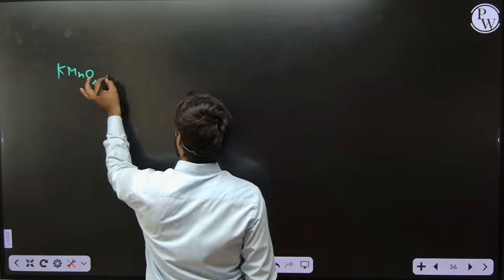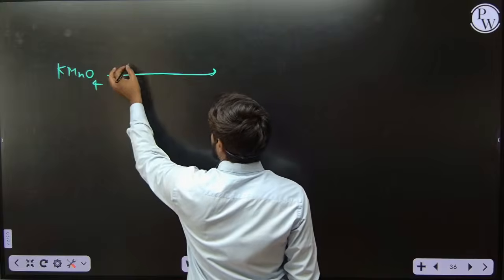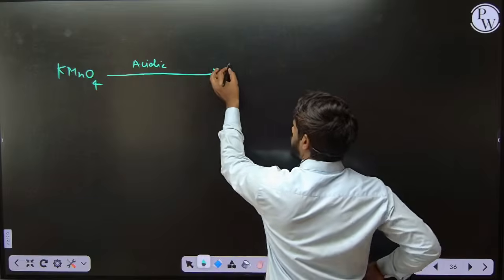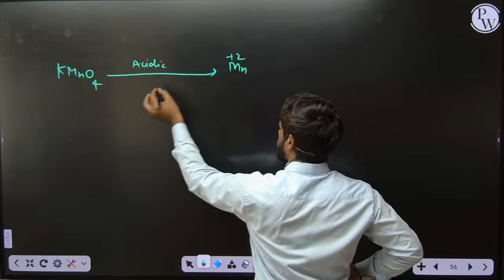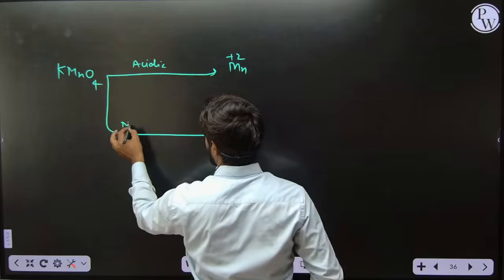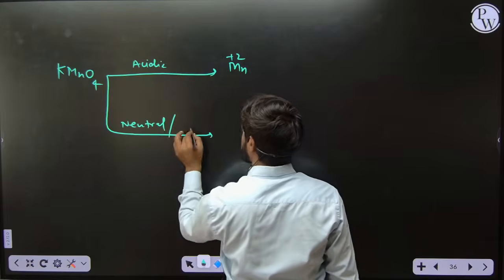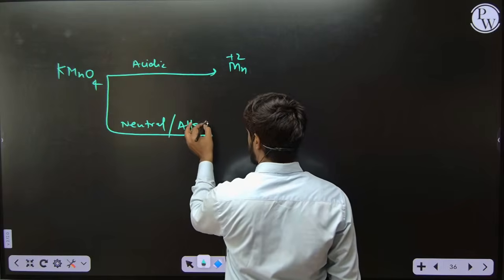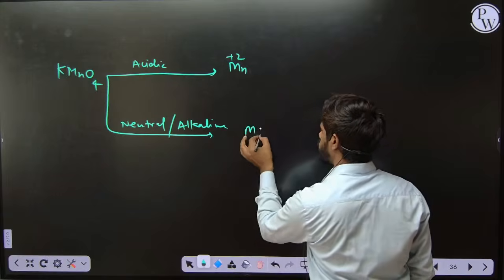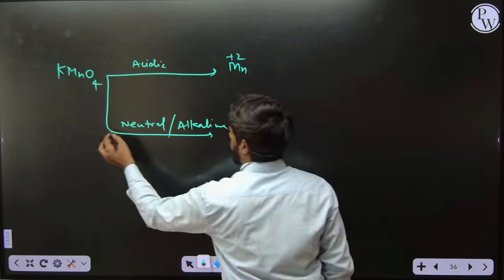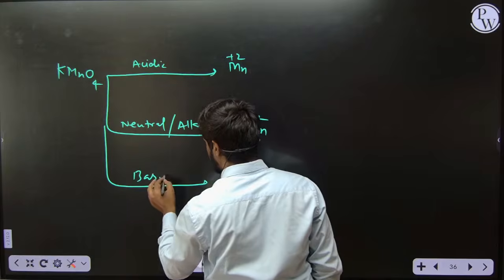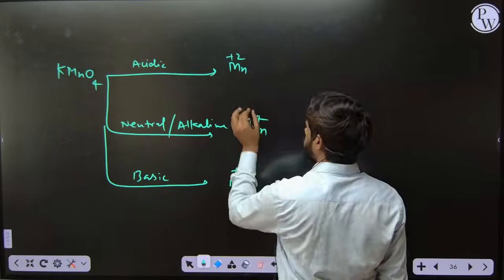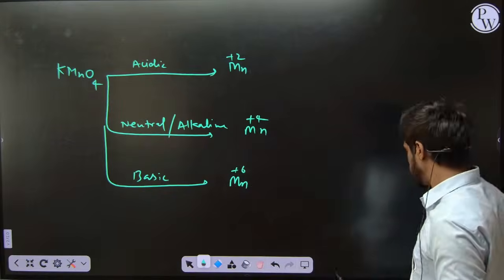So KMnO4 in acidic medium gets converted into Mn2 plus, and KMnO4 in neutral or alkaline medium gets converted into Mn4 plus, and in case of a basic medium, it gets converted into Mn6 plus. And that is very, very important to do the redox questions also.